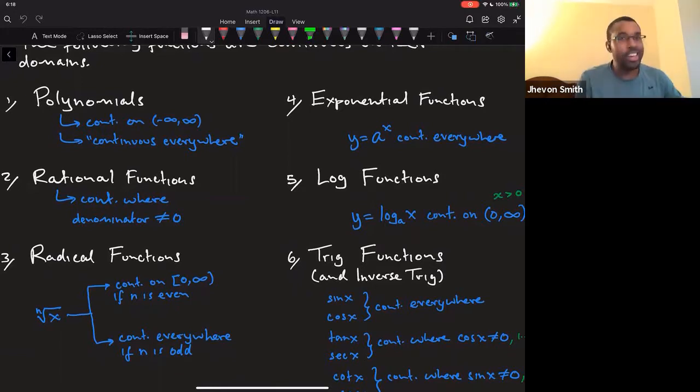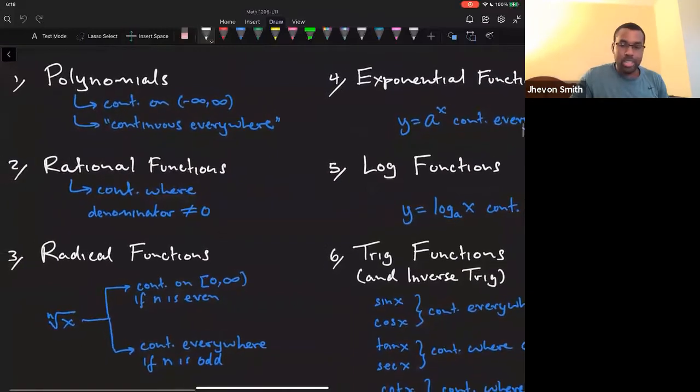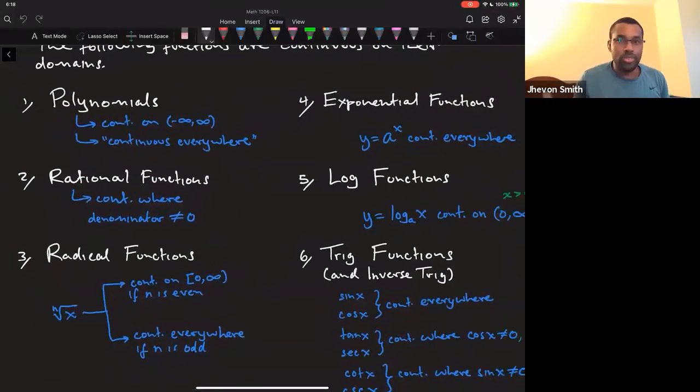You'll just be able to say, oh, this rational function is continuous as long as x is not equal to -1, because that would mean the denominator is 0. And I'm not going to ask you for any justification of that because it is an elementary continuous function. You can assume these functions are continuous on their domains: polynomials, rational functions, radical functions, exponential functions, log functions, and trig functions. As long as you're in the domain of these functions, they will be continuous.